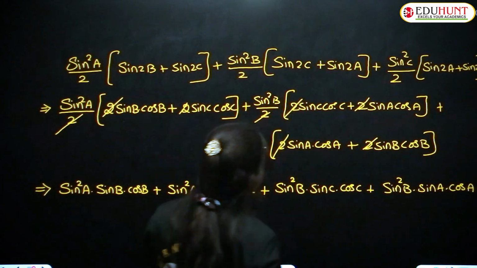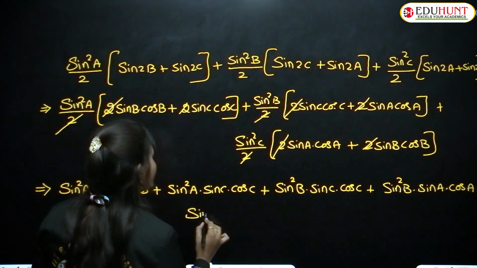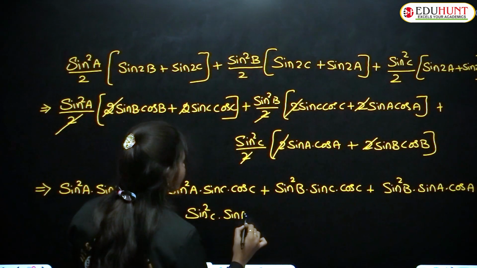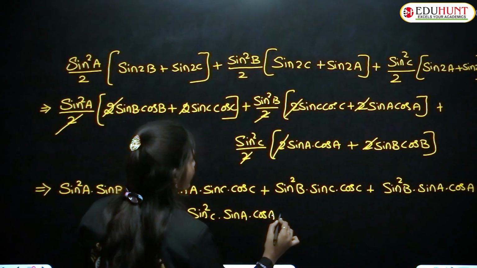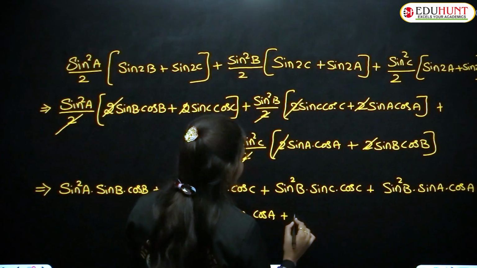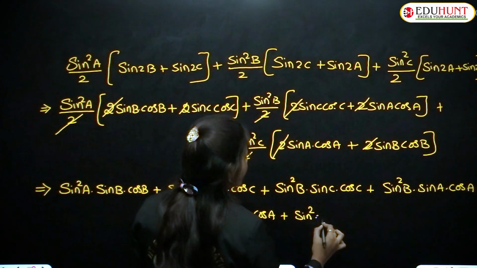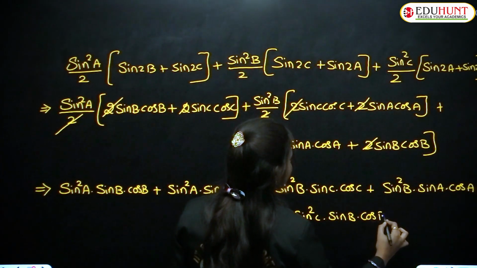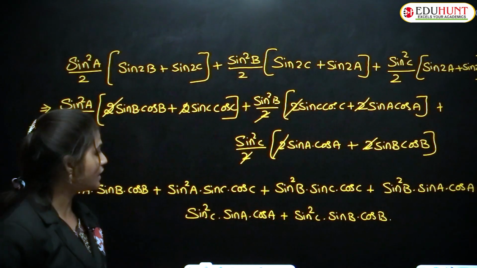Clear? Plus come to this one, sin square c into sin a cos a plus sin square c into sin b cos b. Am I clear to you, children?